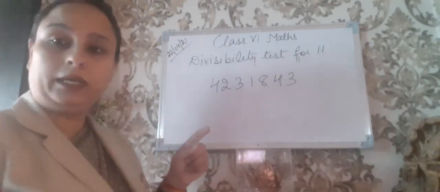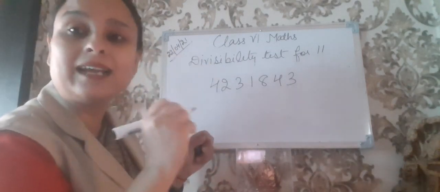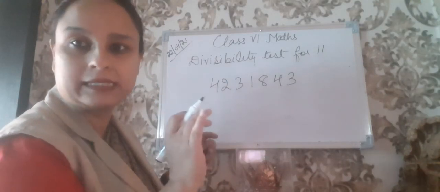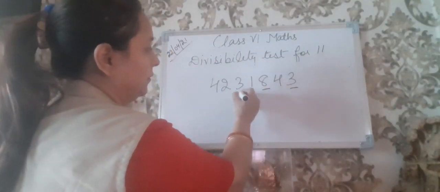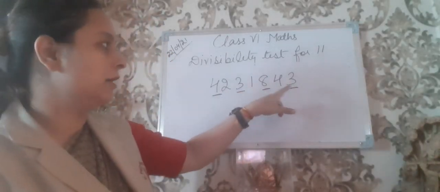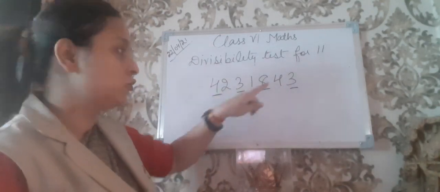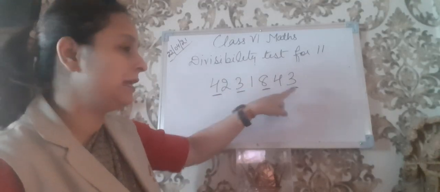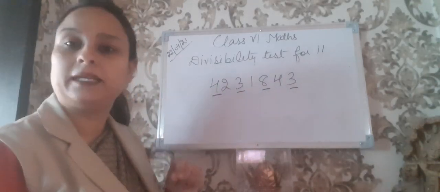Okay. What will I do? I will underline the digits at the odd places. Do you understand? 1, 2, 3, 4, 5, 6, 7. So I have underlined the digit at the first place, third place, fifth place and seventh place.